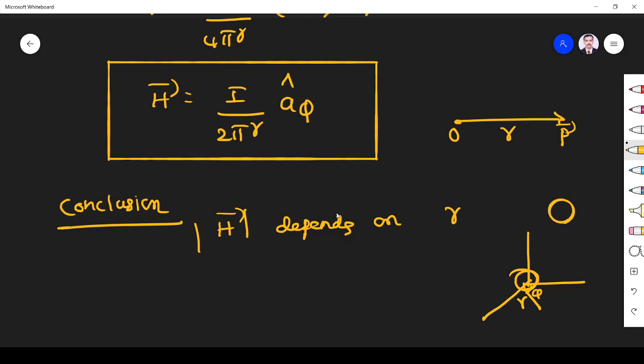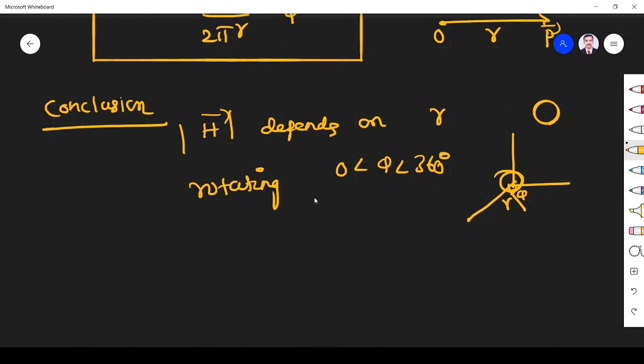So the magnetic field will be rotating. Phi varies from 0 to 360 in the spherical coordinate system, so this H is rotating with respect to phi. The unit vector is phi, and since it varies from 0 to 360 degrees, this H will be rotating.